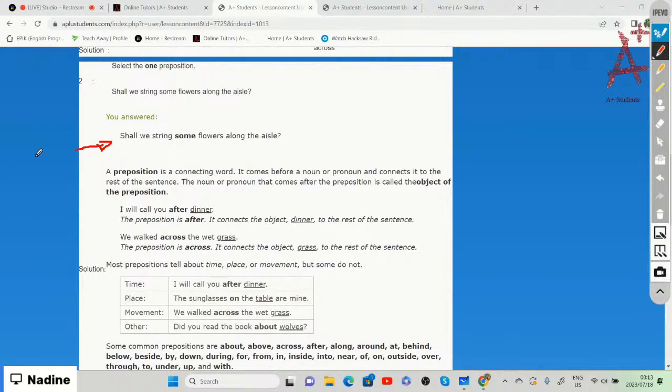All right, so if we look at our sentence, shall we string some flowers along the aisle? So some is not a preposition, but along is a preposition. So the preposition within the sentence is along.